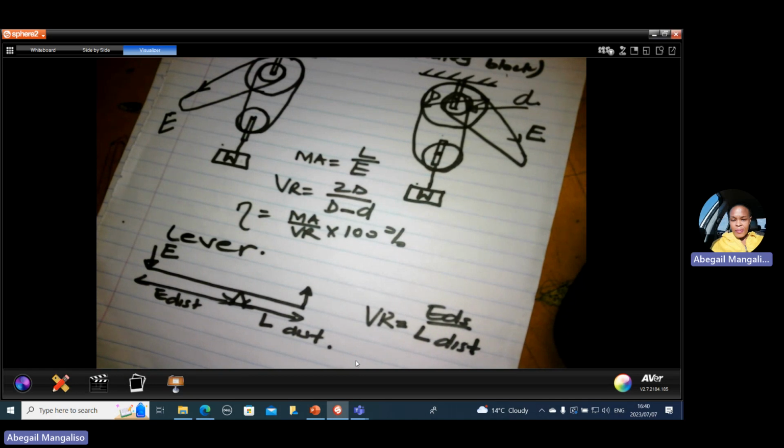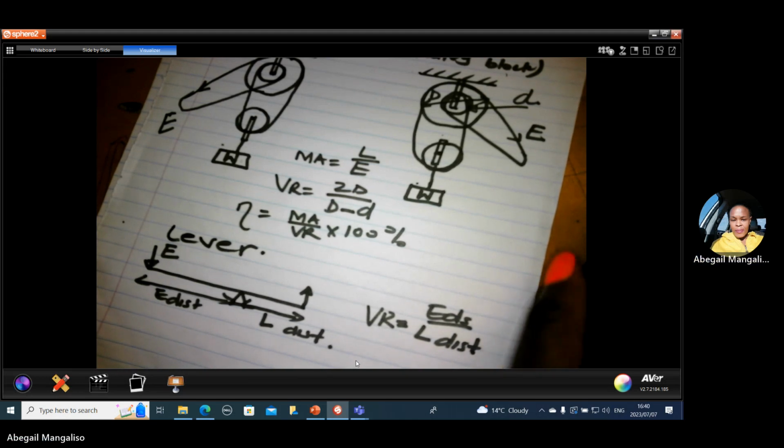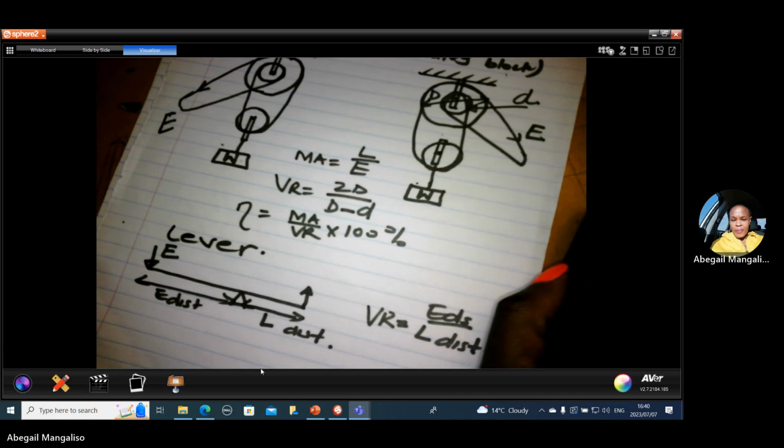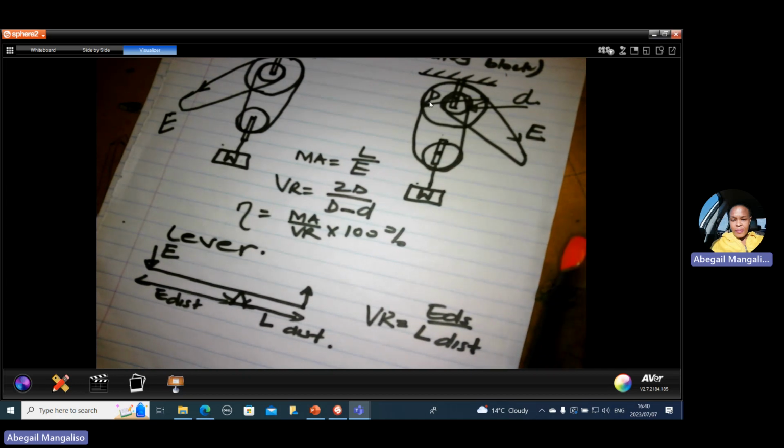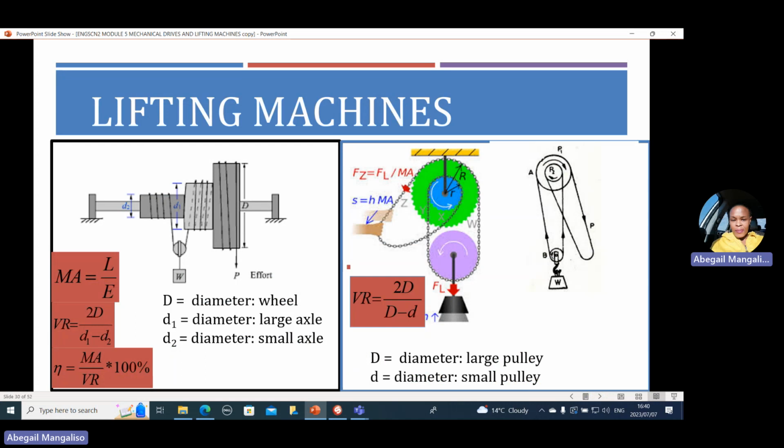So the only thing that changes is the velocity ratio, because when you look at a pulley system, the distance taken by the rope is in revolution. But here, the effort will take a distance which will be linear, which is different from the circumferential. Now let's look at the worked example of the activity.